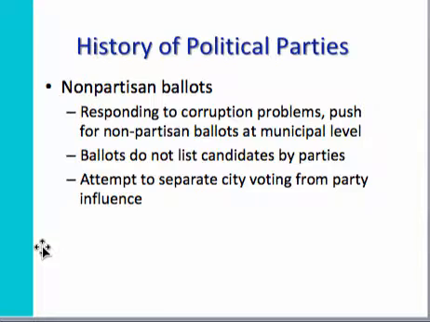Again, one of the complications about teaching this class is that there's so much variation. So when we talk about political parties, you see that the existence of nonpartisan ballots varies a lot from state to state. And that really is an individual question about how the issue of the elections is dealt with.